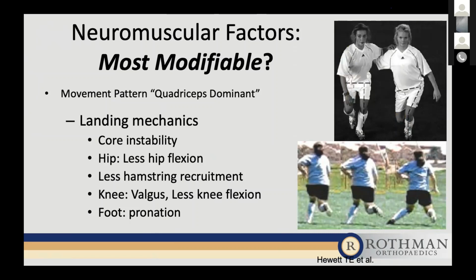And it involves improving core stability, improving hip flexion, increasing hamstring recruitment, taking away that knock-kneed position, taking away the foot pronation, or the inward position of the foot when you're walking, running, standing.